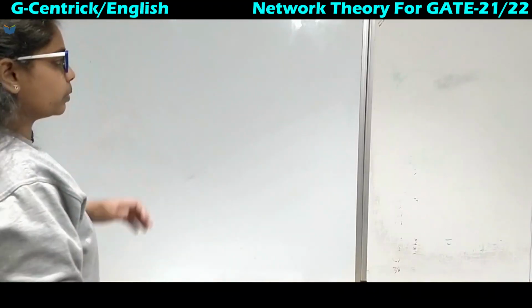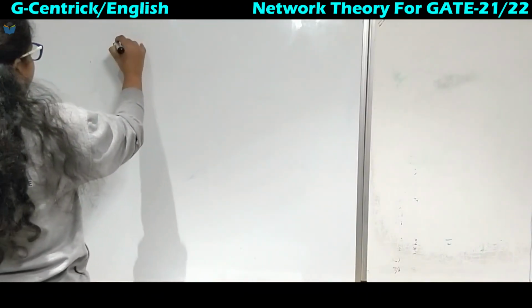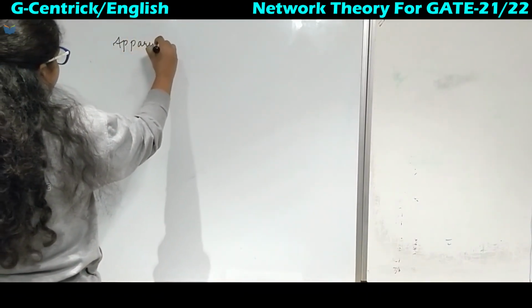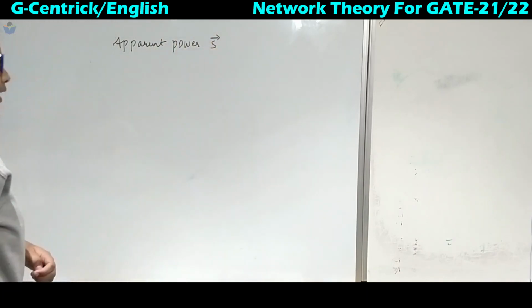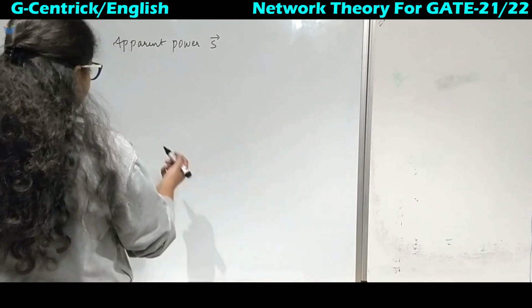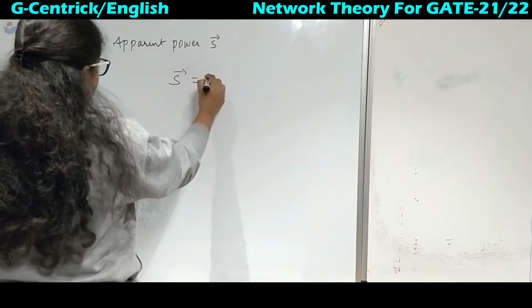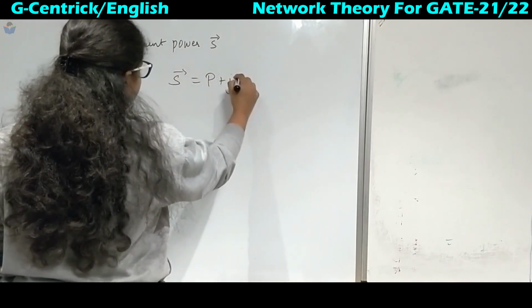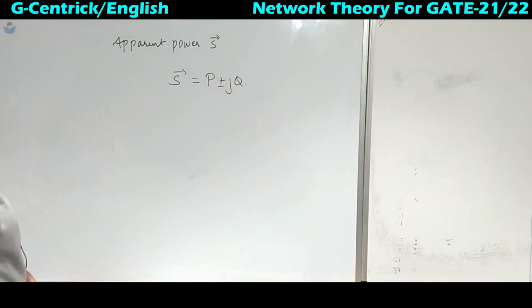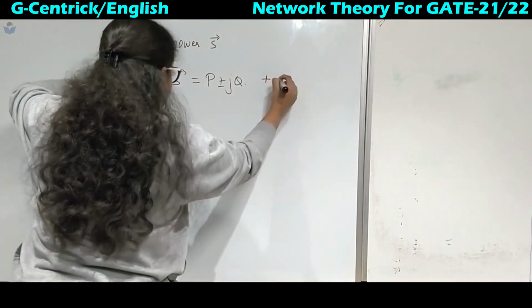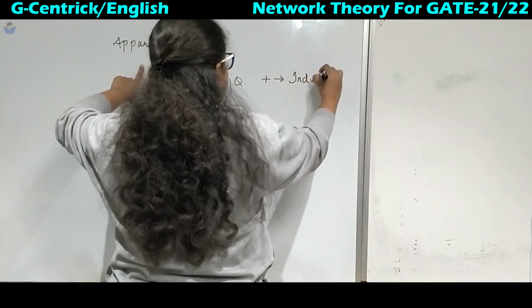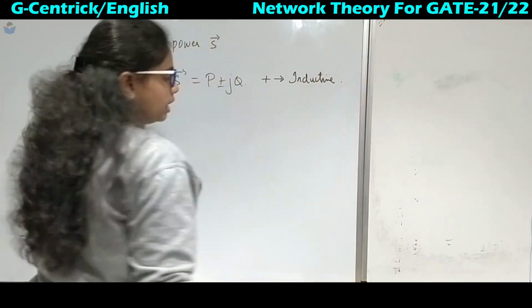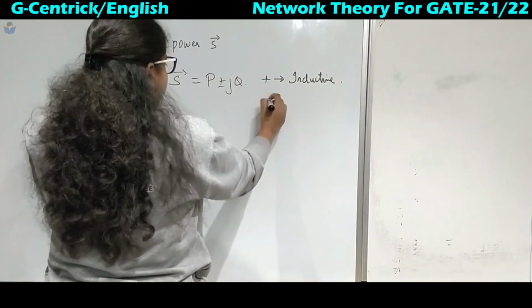There was one more quantity left out, that is the apparent power. We represented the apparent power in S vector form, as P plus or minus jQ. We use plus for an inductive load or inductive circuit, when the inductor is dominant.